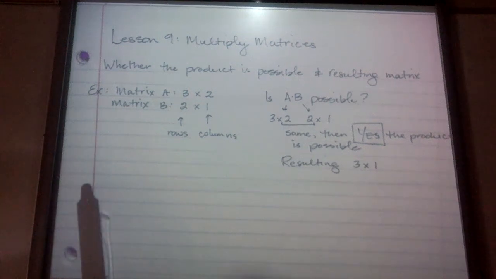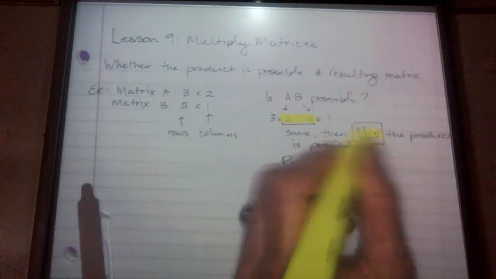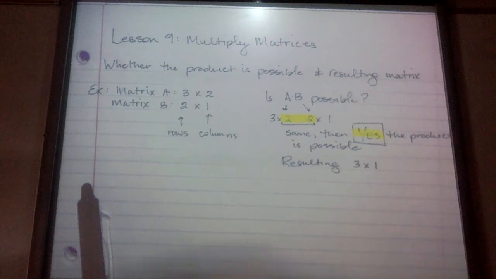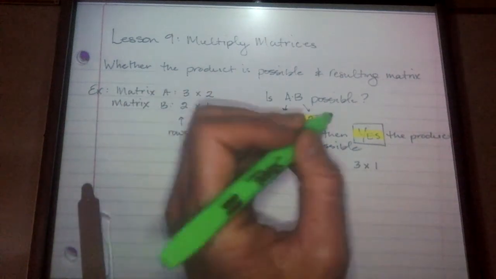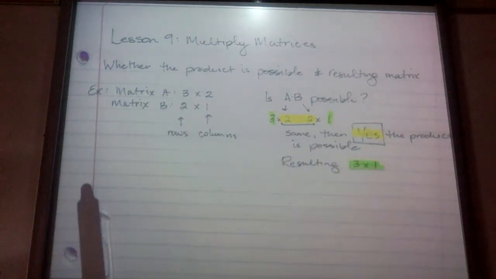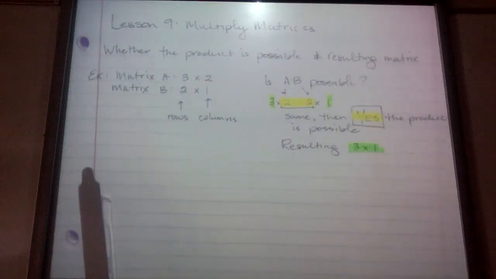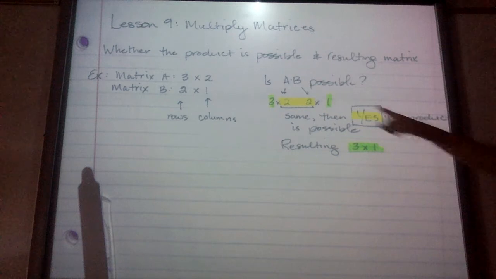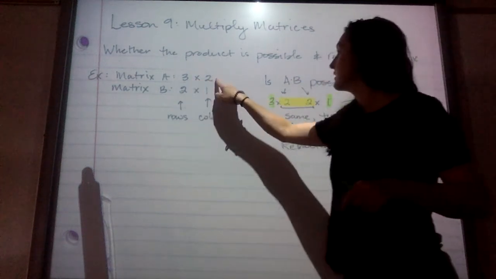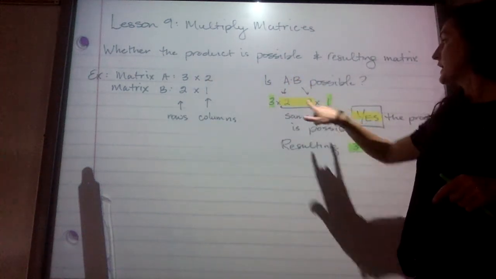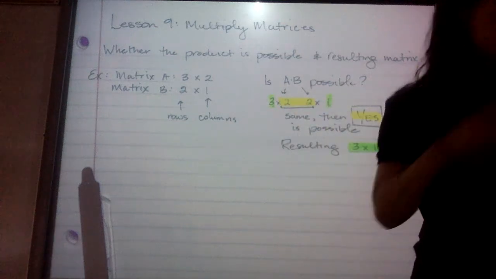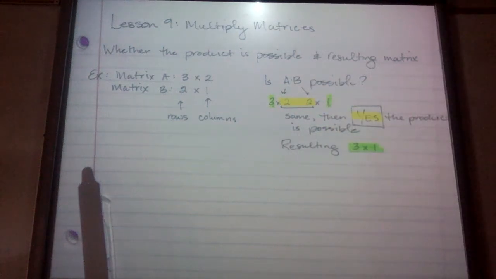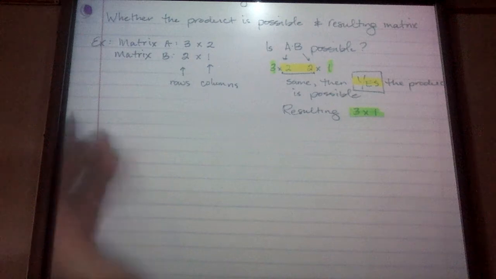So the two middle numbers answer whether it's possible. The two outside numbers tell you that the answer is going to be a 3 by 1. So we're looking at the two middle and the two outside. Notice I listed A first, then B, and I looked at the two middle, the two on the outside. So let's reverse that.